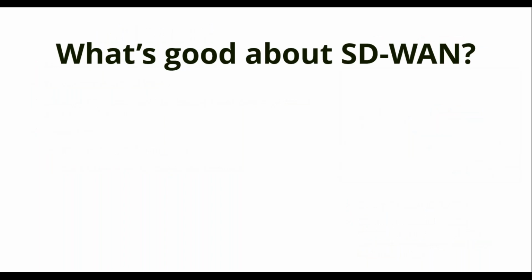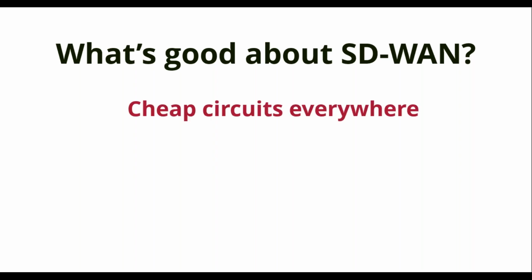I hope this is working out right and you guys aren't seeing the control panel, just the presentation. What's good about SD-WAN? The biggest thing: cheap circuits are everywhere. SD-WAN is so agnostic. It doesn't care what you plug into it. It's a little white box that sits out wherever your internet circuit is. You can plug in internet circuits from Comcast, from Cox, from Charter, AT&T. You could plug a string in there, if it had internet on it, and the thing would work. It just doesn't care.